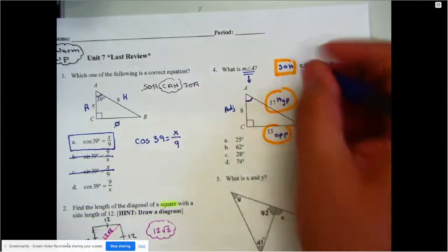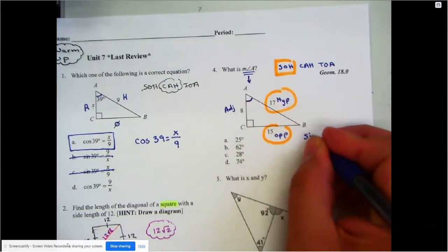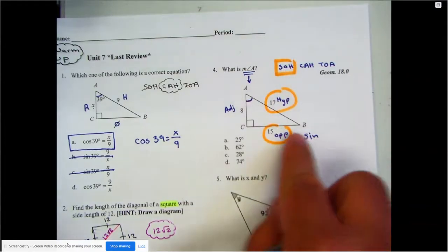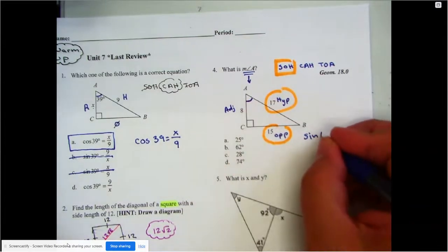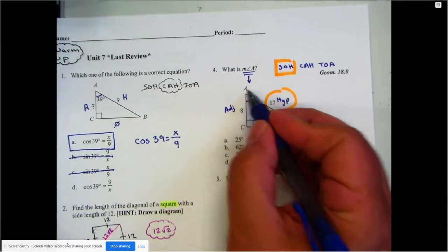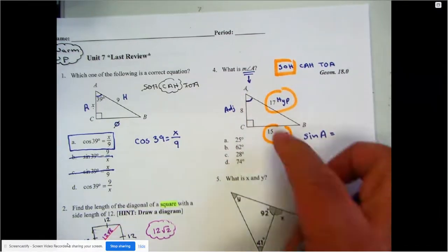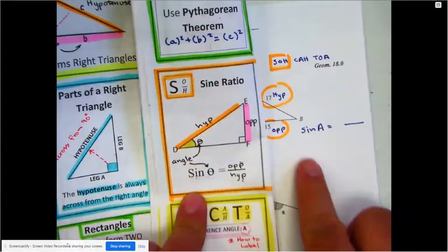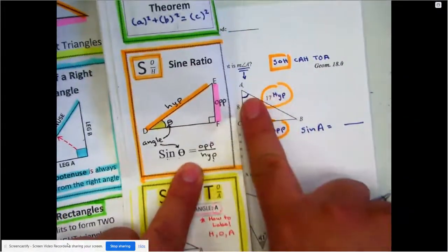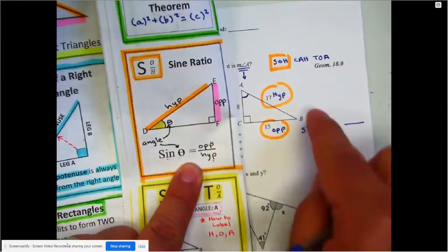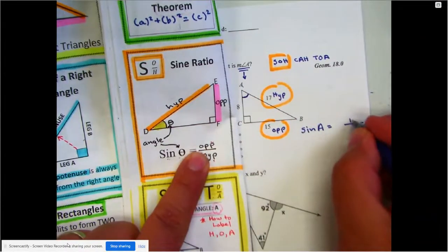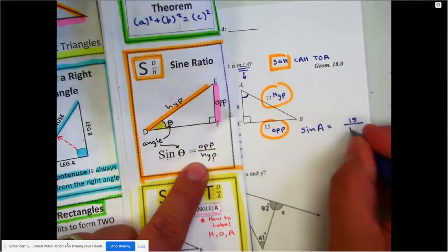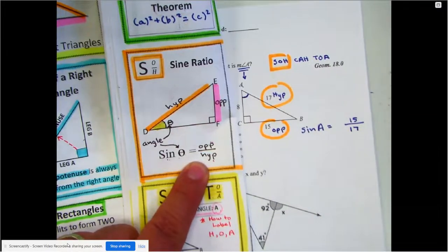So here's my setup. Sine, because that's what S is for. Now, I don't know what the angle is. So I'm going to call it A, because that's the one I'm looking for, is equal to a fraction, right? And if you're wondering why I keep bringing all these things up, because I'm using this right here. Sine, A is my angle. Here's my fraction. It's opposite, so 15 over 17. But remember what we said. I'm looking for an angle.